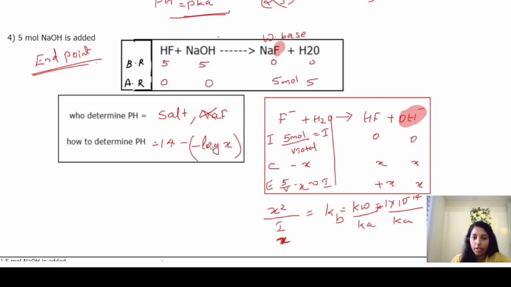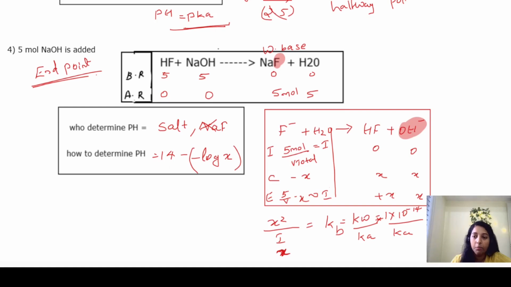It's simple. The concept is very clear and simple, but you need to understand that F minus is this one. If the concept is clear, everything is okay. That's the endpoint calculation.